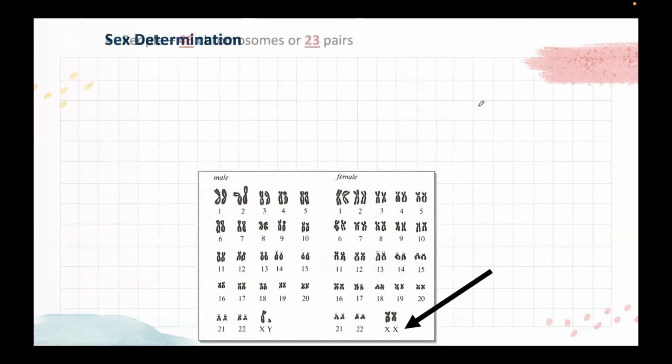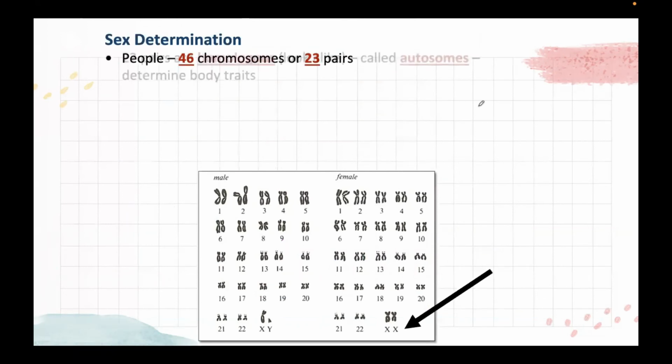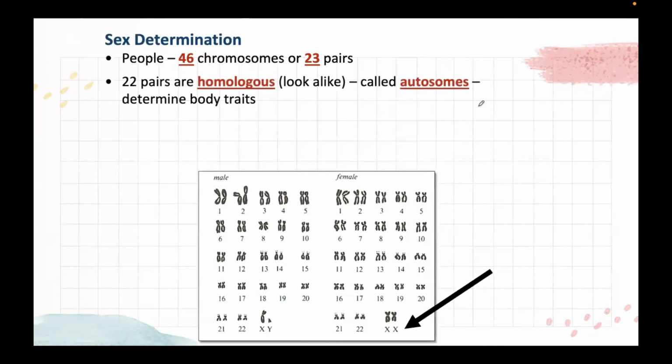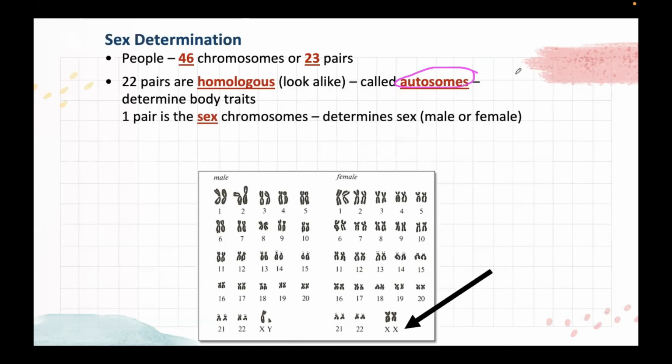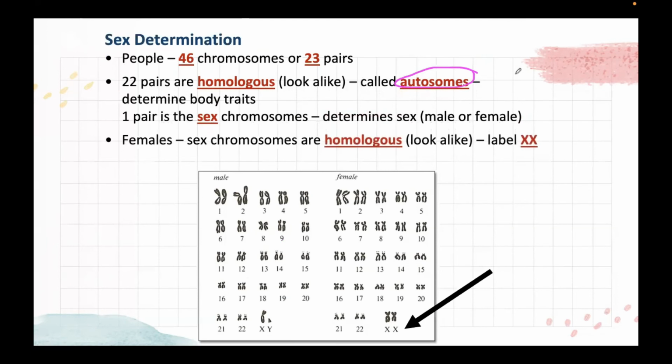So for the sex determination, people, lahat po tayo, meron tayong 46 chromosomes and it has 23 pairs. 22 pairs are homologous. They are being called autosomes, determined by the body traits. One pair is the sex chromosomes. It will determine if you are a female or you're a male. And the female sex chromosomes are homologous.